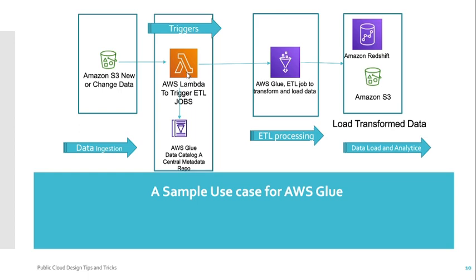AWS Lambda will be integrated with Amazon S3 to get that event, and then it will trigger the AWS Glue ETL jobs. Then your AWS Glue ETL job transforms and loads the data by processing or enriching it, and once that is done, it will store the final data in the target. The target could be Amazon Redshift or Amazon S3. This is how a simple workflow for AWS Glue works.